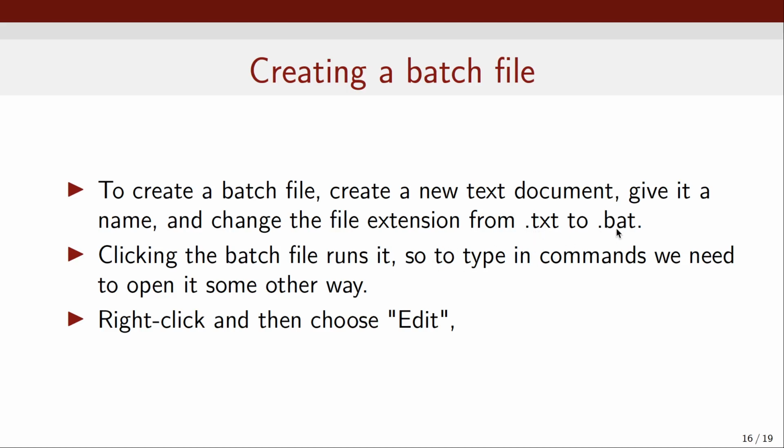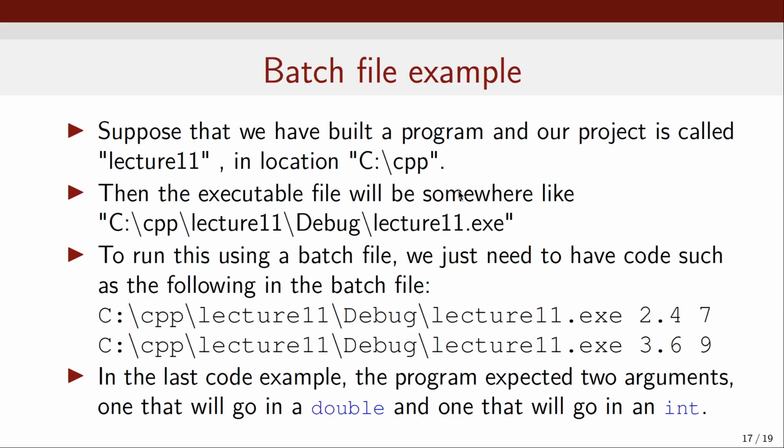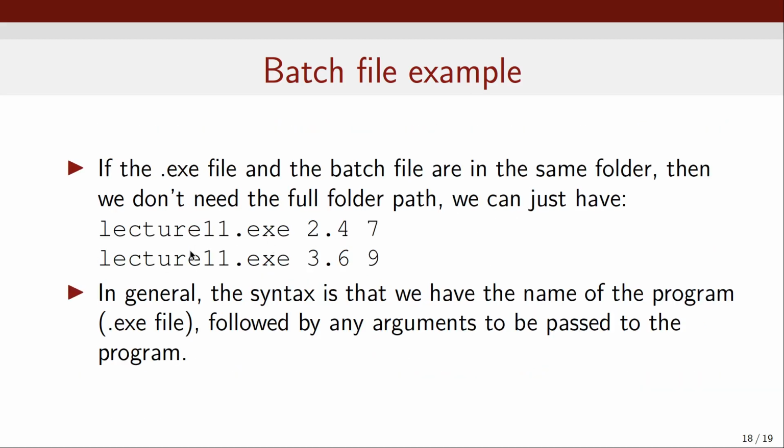And after I rename it, it becomes a batch file, and if I just click on it, it will run. Or I can execute it from a command line. So when I right click and click edit, I can type in commands inside, and these are the commands I just described.